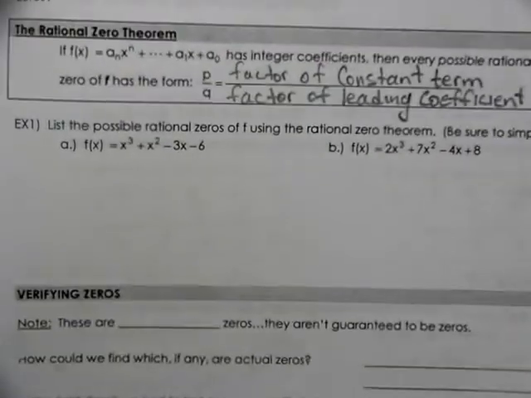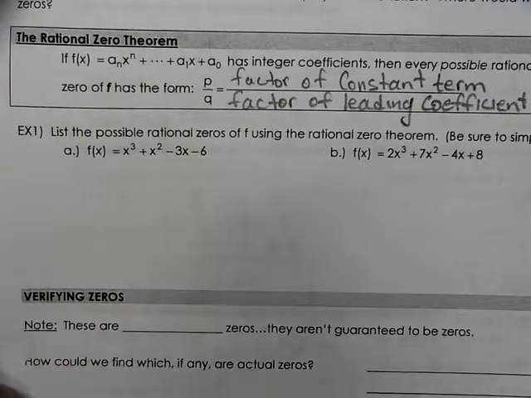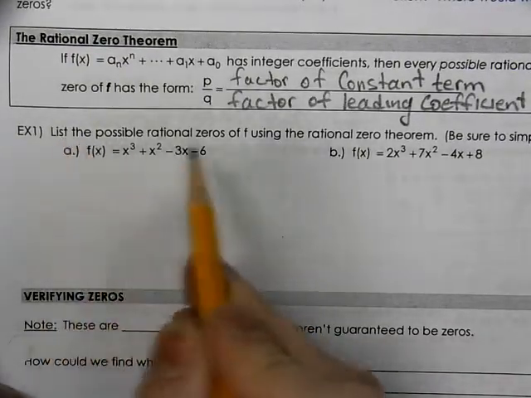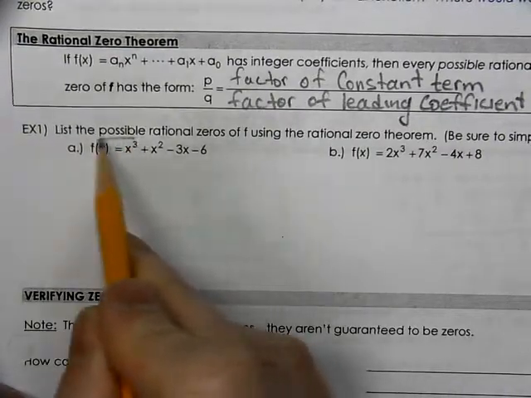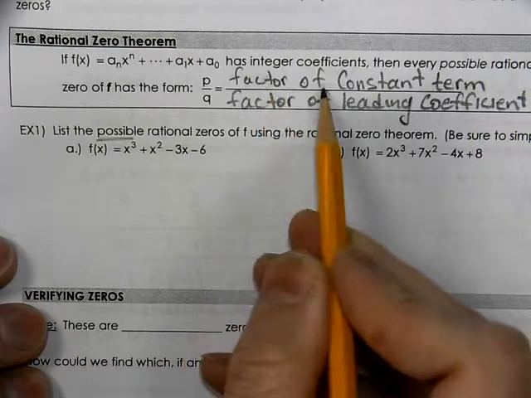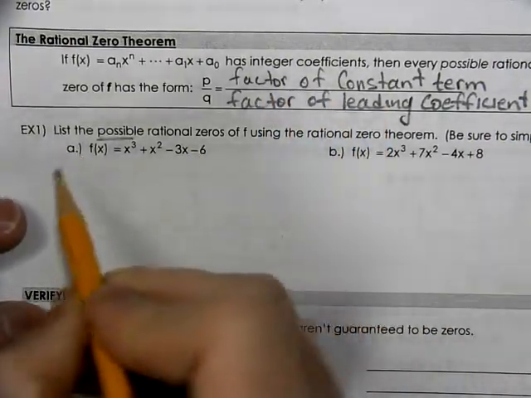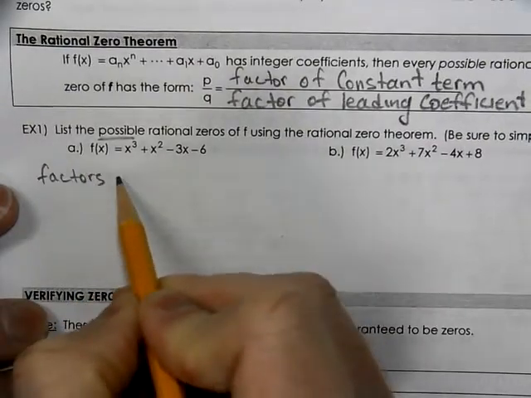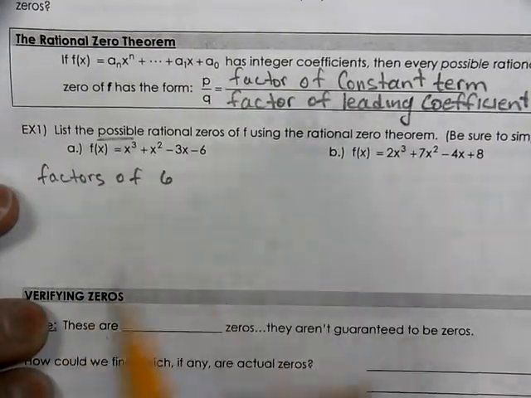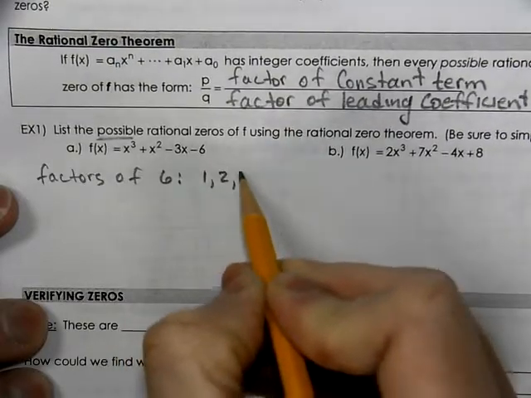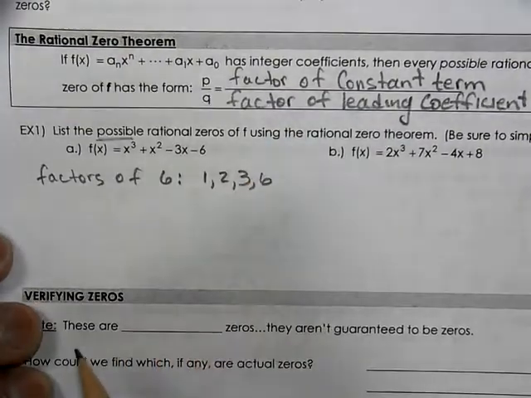So, for example, when we look down here and we're trying to figure out what are the possible zeros, we're just looking for the possible zeros. Okay? Well, it says to take the factors of the constant term, factors of 6 are 1, 2, 3, and 6.